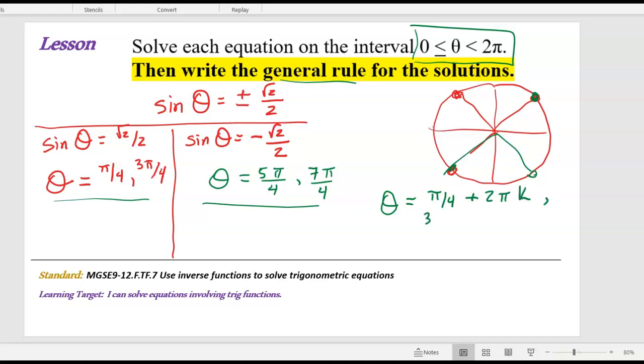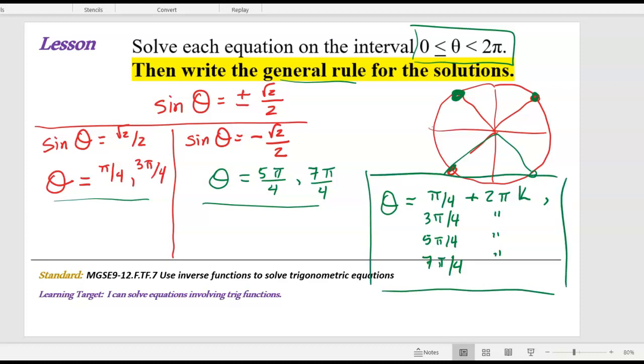We also have 3 pi over 4, and I'm just going to write 2 pi k because I'm lazy. So if we start here and add 2 pi, we get infinitely many solutions. And then we have 5 pi over 4 plus 2 pi k and 7 pi over 4 plus 2 pi k.